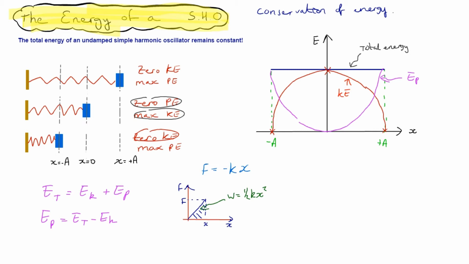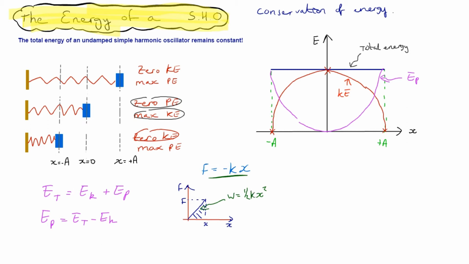That's the potential energy stored in a spring, where k would be the stiffness of the spring. But of course it's true for any system: if F is kx, then that's identical to Hooke's law.